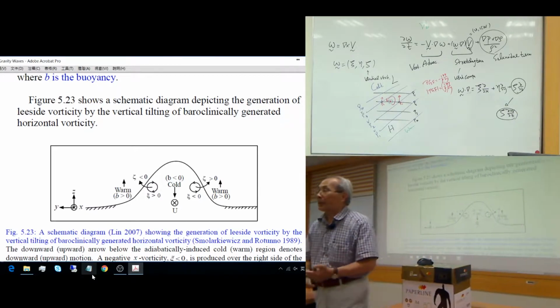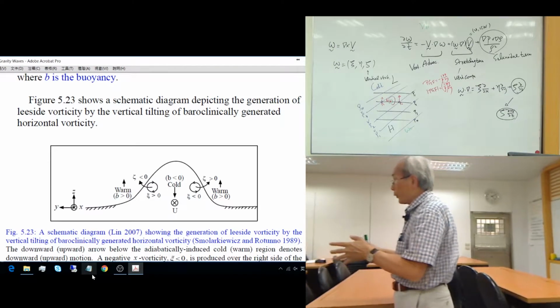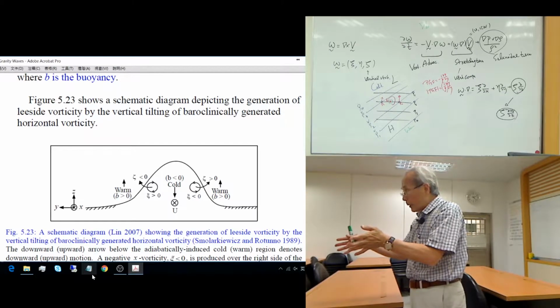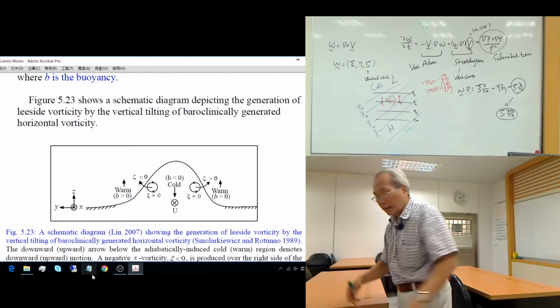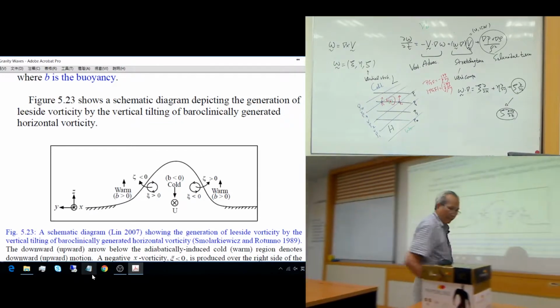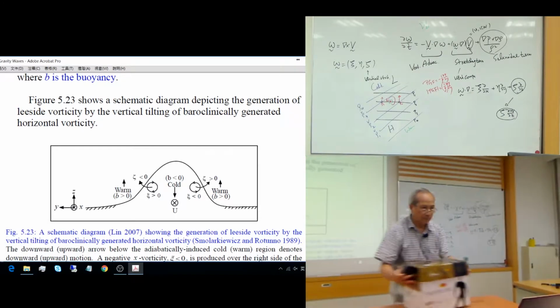And that explains their theory without friction. With friction, you can have the separation or boundary layer separation to generate a pair of vortices. That's their explanation.